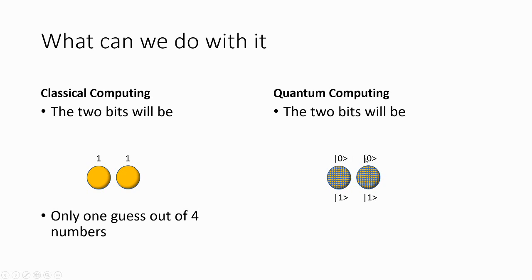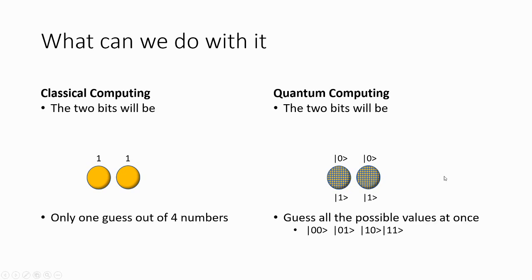It can also be 0 1, it can also be 1 0, and also it can be 1 1. This means I have all four different possibilities of this 2-bit number captured in these two qubits. So these two qubits have all four different numbers together.